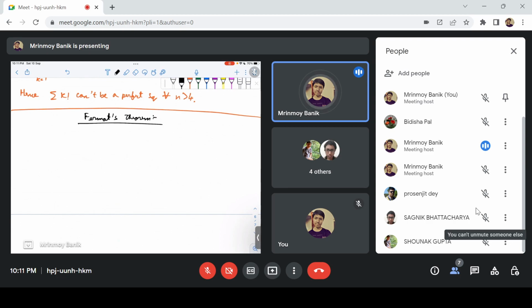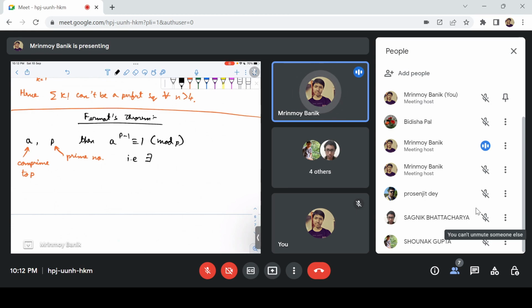So Fermat's theorem says if we have a number a and a prime p, so this a over here is co-prime to p, and this is a prime number, then a power p minus 1 is congruent to 1 mod p.